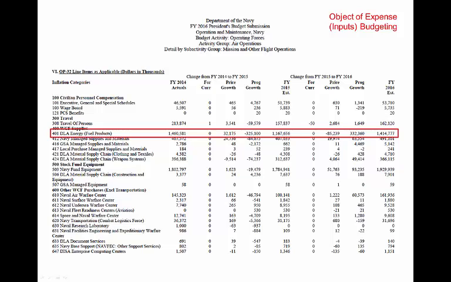And we see two sources of changes from one year to the next as we reconcile from 14 to 15 to 16. From 14 to 15, there was $32 million in price growth. The price of fuel was higher than it was the year before. There was a negative $325 million in program growth.